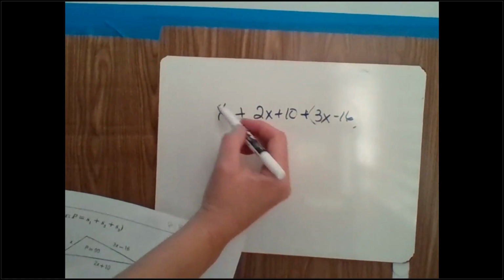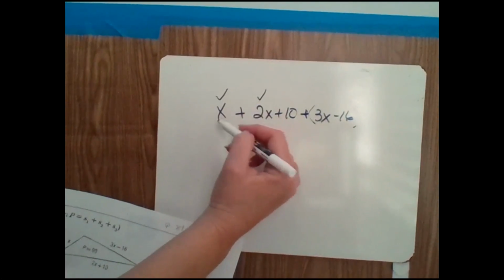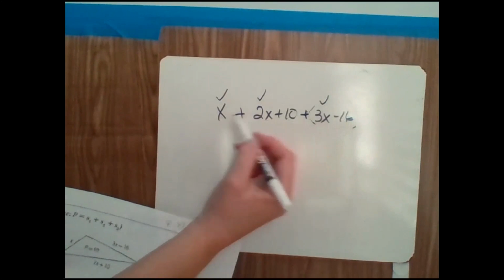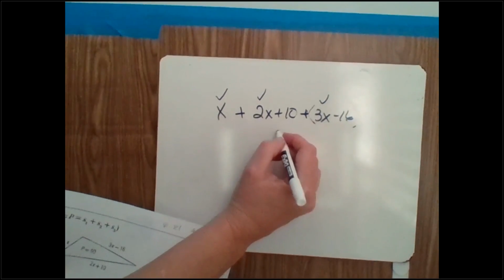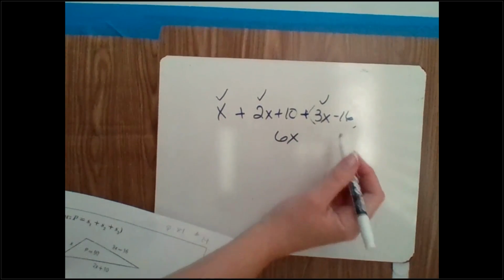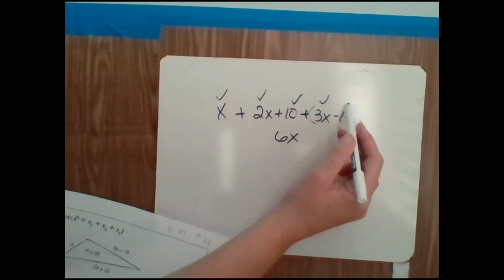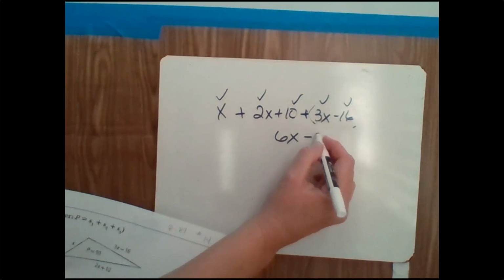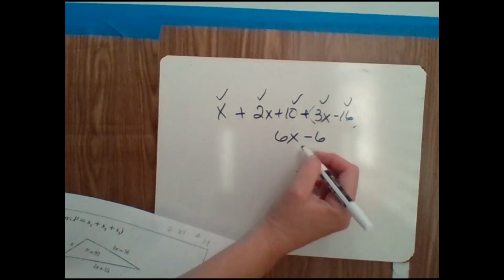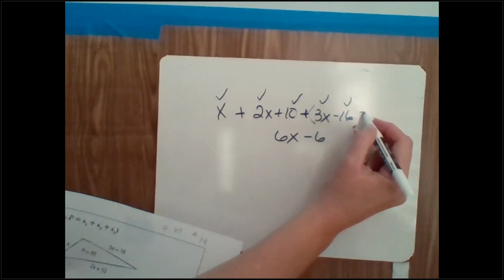So I know I can combine all of my x terms. So I've got an x, a 2x, and a 3x. So 1x plus 2x is 3x, plus 3 more x is going to be 6x. I've got a couple of numbers here, plus 10 minus 16, going to combine to be a minus 6.